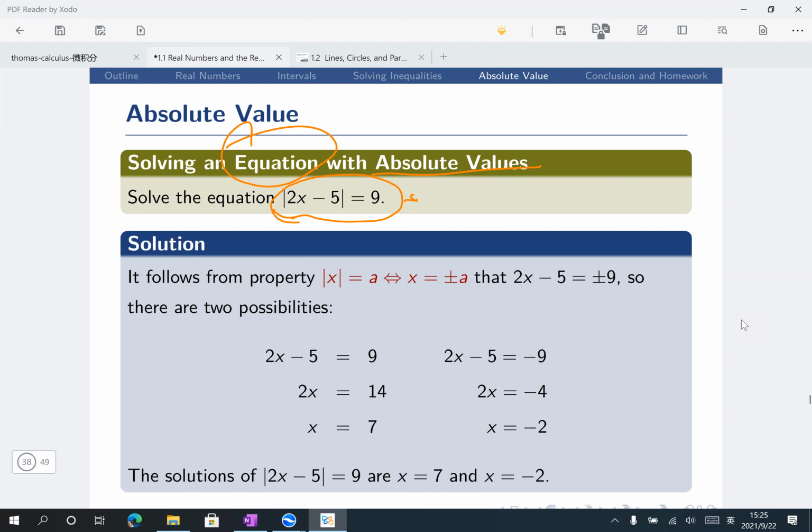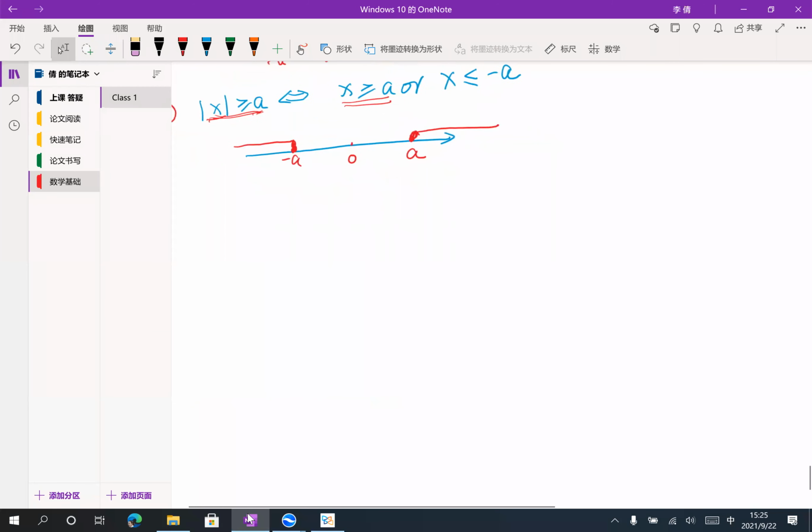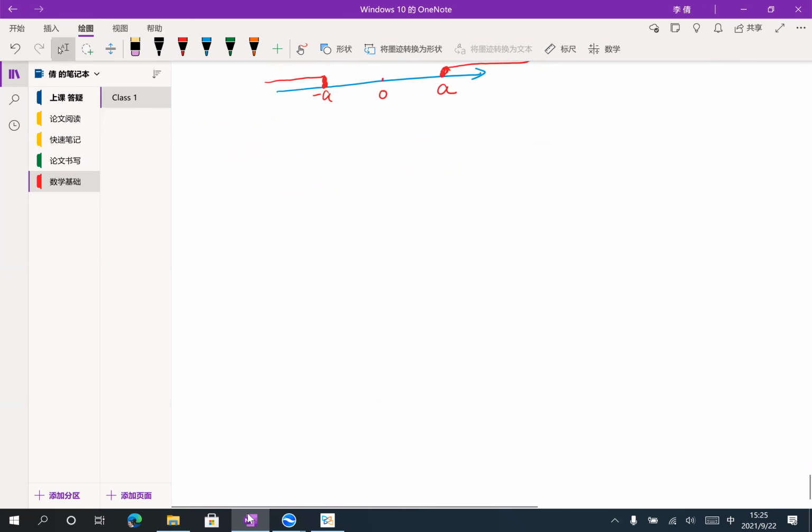From this equation, we want to find x, which means we solve this equation.